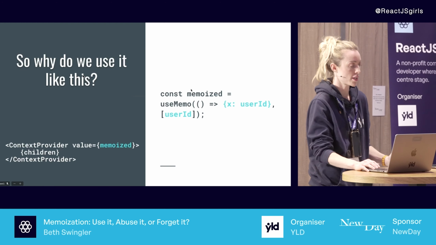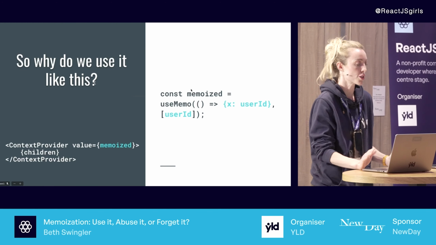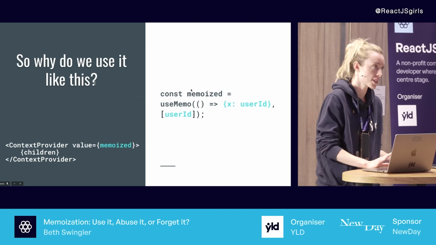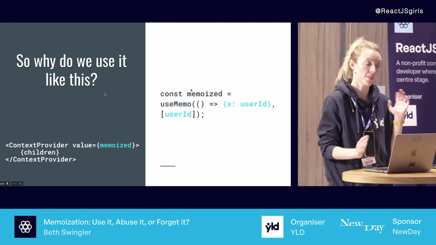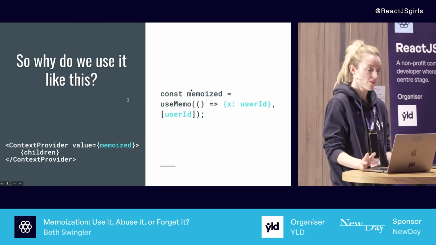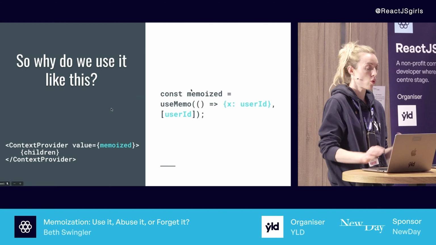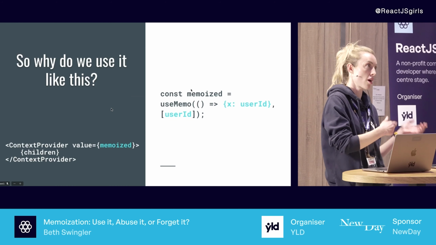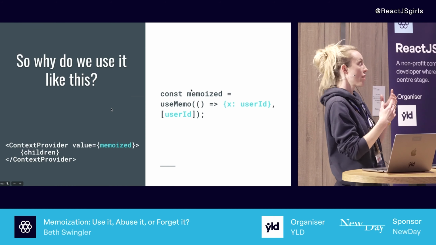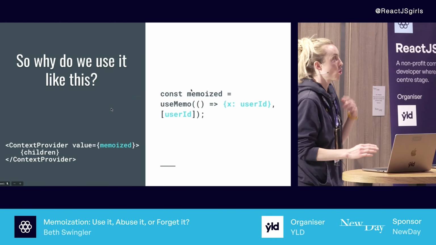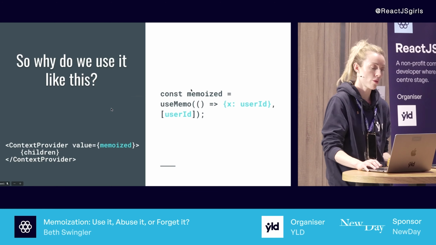JavaScript doesn't consider it to be the same thing. In other words, all non-primitive values are strictly identical only if they point to the same place in memory. So do use it like this because it will prevent all the subtrees from updating, because React re-renders all subtrees or subscribing components when a prop changes.